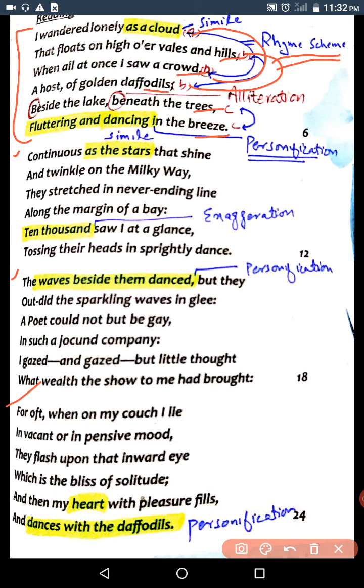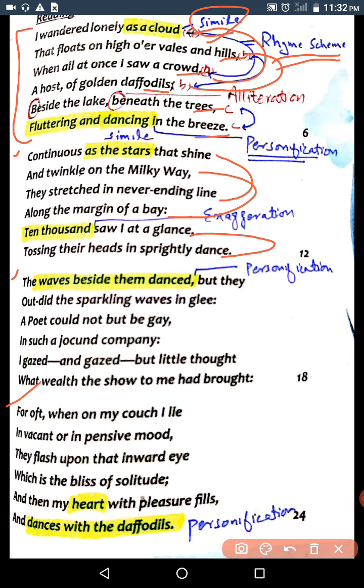And rhyme is trees, breeze. Look, shine, line, way, bay, glance, dance. Okay, so this is called rhyme. Clear? Another concept was the simile, which here I have written. Simile, comparison between things. Look, I wandered lonely as a cloud. How? Like a cloud.